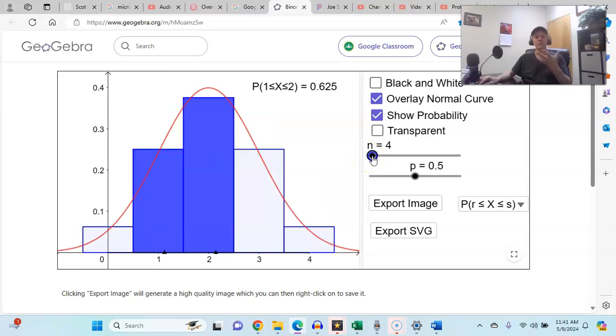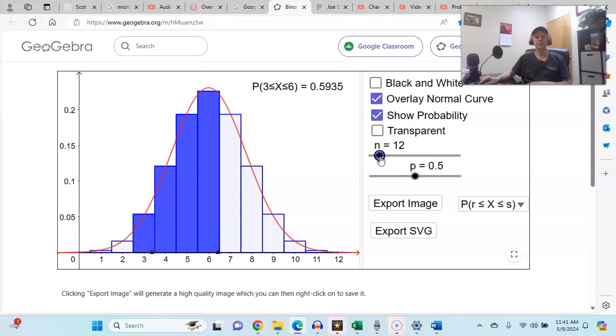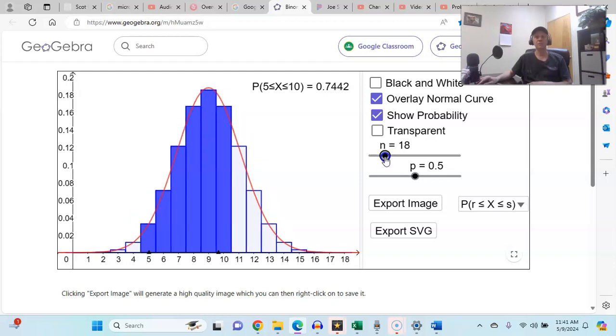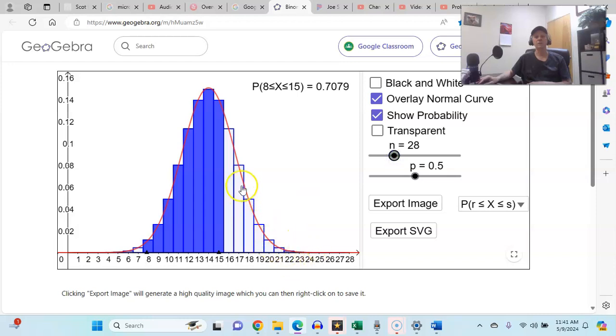Pay attention again as we increase n. Not only is the distribution becoming narrower, but it's also becoming less blocky and more smooth. You see how these basically look like stair steps, right? They're very discrete. If we increase the sample size, 5, 6, 7, 8, 9, 10, you can see that these stair steps become smaller and finer, and they're starting to fit this smooth, continuous curve better and better.